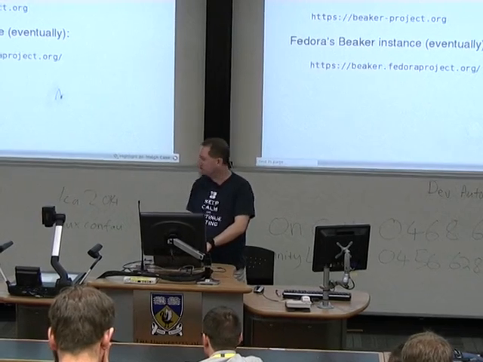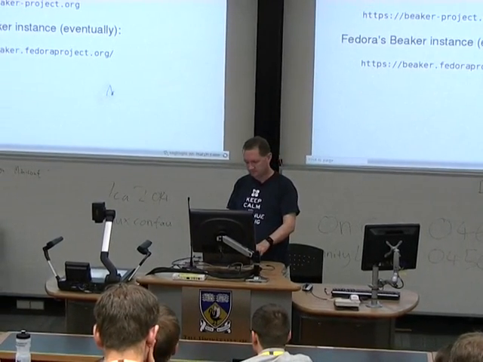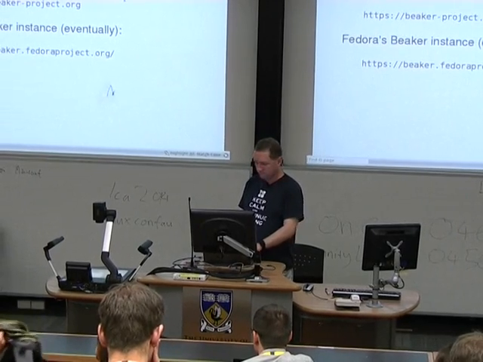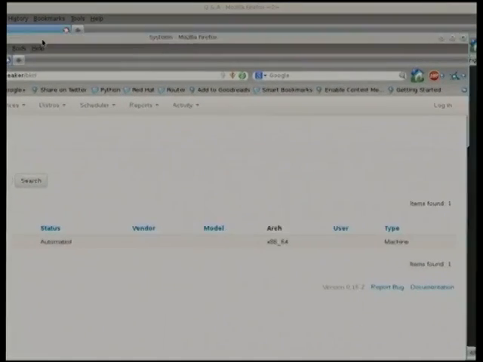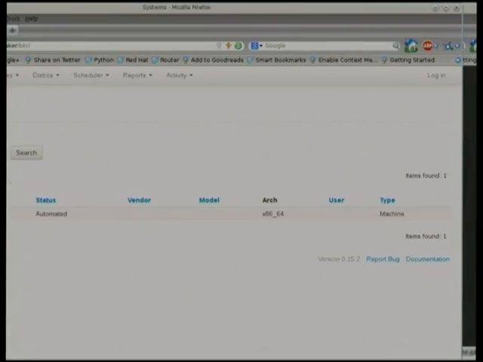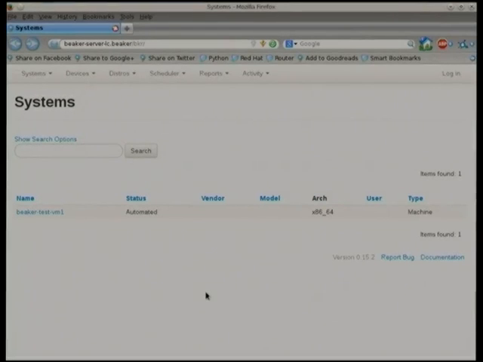So this is the very bare bones instance I have running on here. The default view just shows you the systems that are defined in the instance. I don't have any distros loaded into this because I figured conference Wi-Fi wouldn't like the idea of me downloading a Fedora installation.